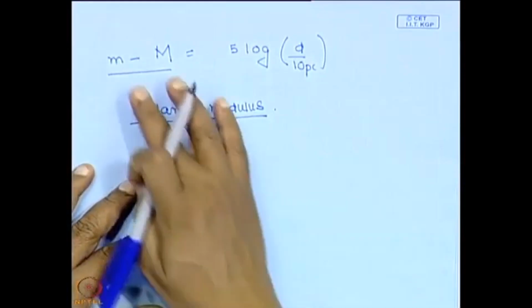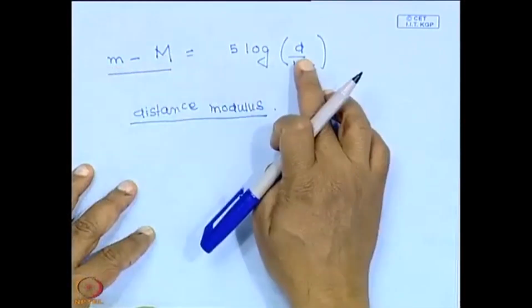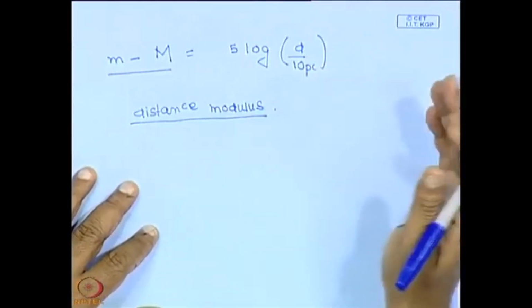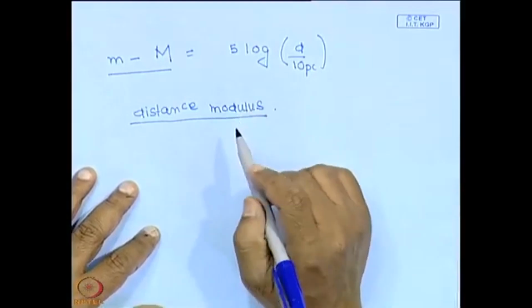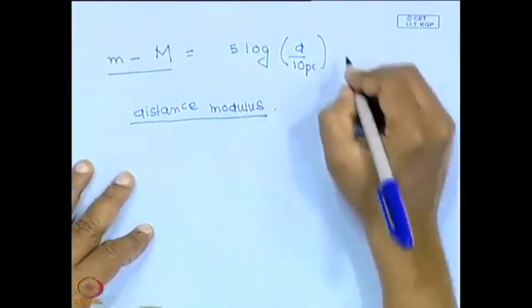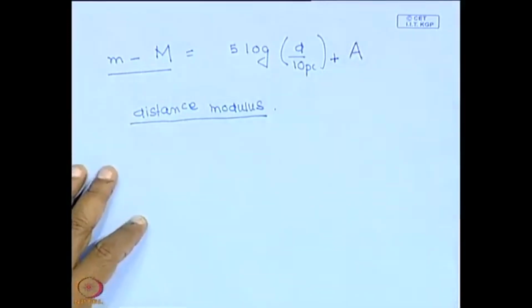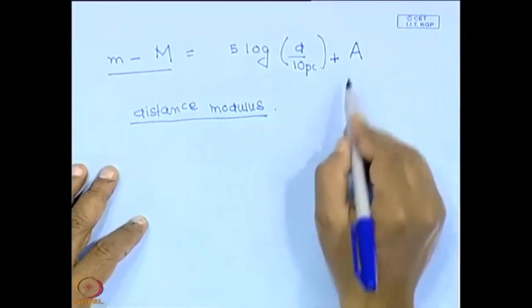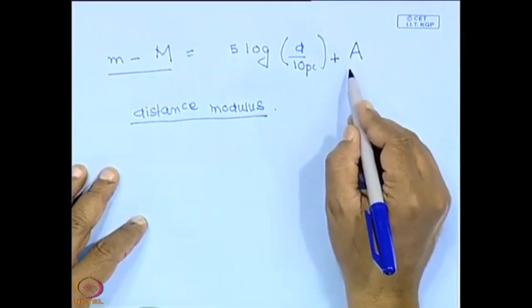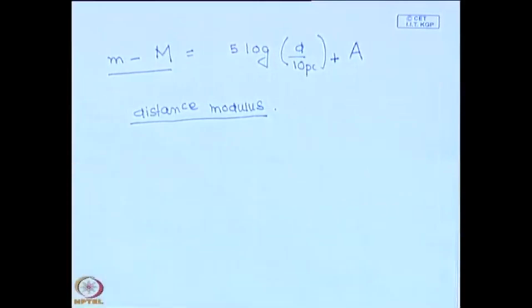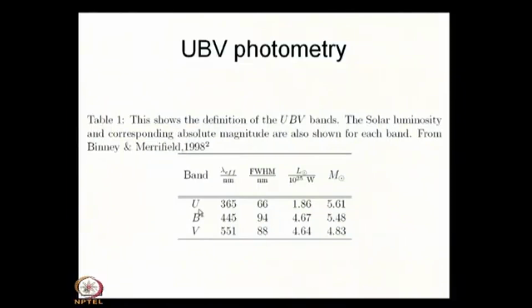So if you want to estimate the distance, you have to correct for the fact that the source could be faint because of extinction also. So you have to put in this extinction parameter A, and bear in mind that this extinction coefficient is extremely wavelength dependent, so it would be different in different bands. This is the first thing.